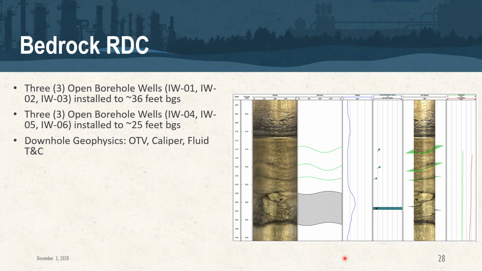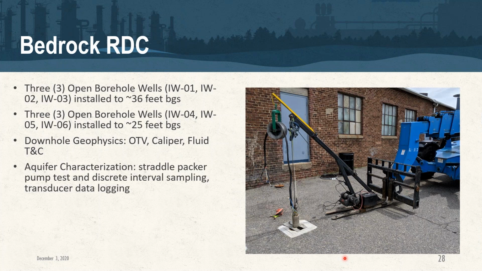Next clip, please. Geophysical tools utilized out here included optical televiewer, caliper, and fluid temperature and conductivity. And going back through and talking about the aquifer characterization, utilizing the straddle packer for pumping tests and discrete interval sampling, while also looking at transducer data logging throughout the surrounding network.